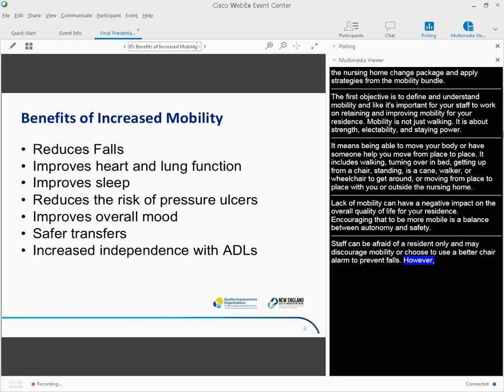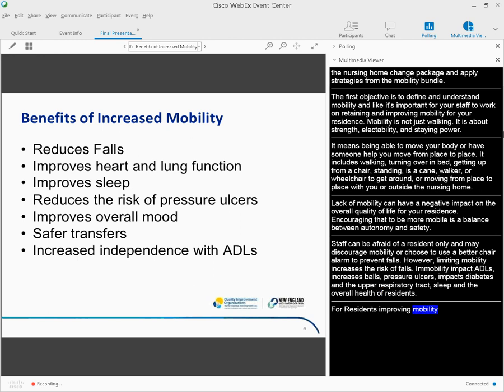So immobility impacts ADLs, increases falls and pressure ulcers, and it impacts diabetes, the upper respiratory tract, sleep, and the overall health of residents. For residents who are maintaining or improving mobility, their muscles and bones are strengthened, which makes fractures less likely in the event of a fall.